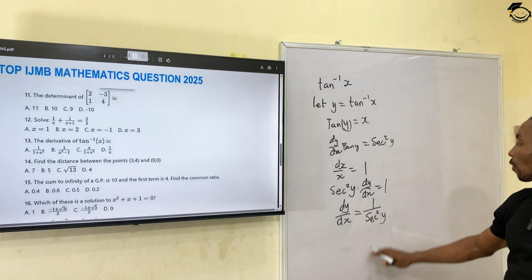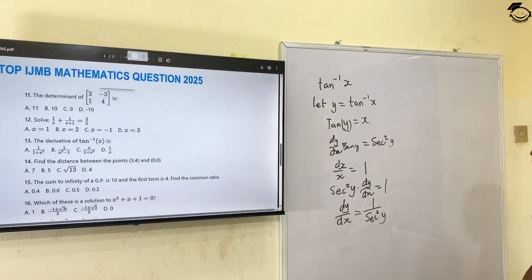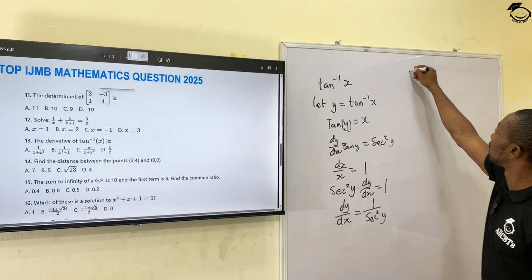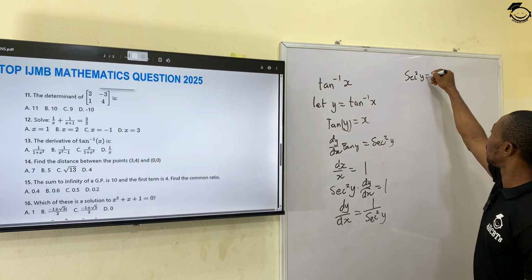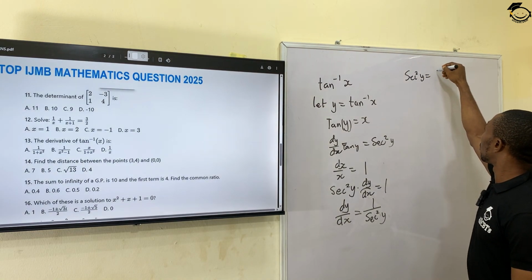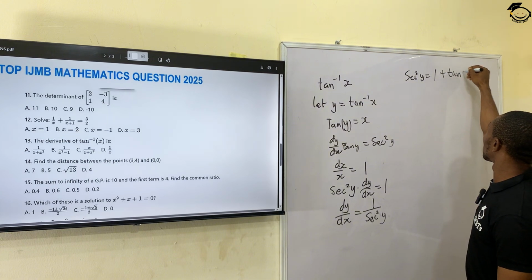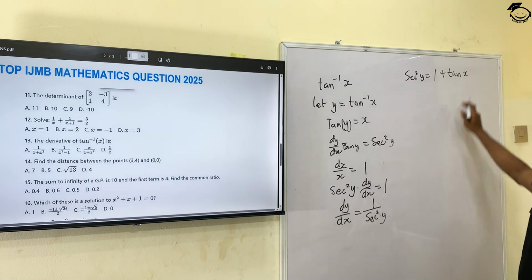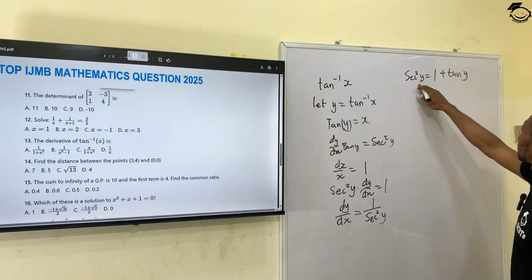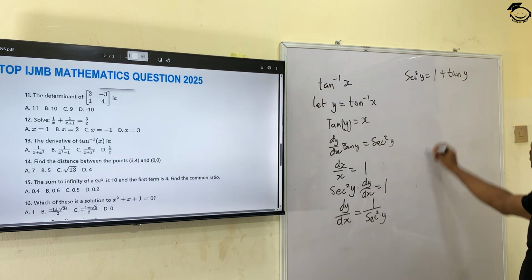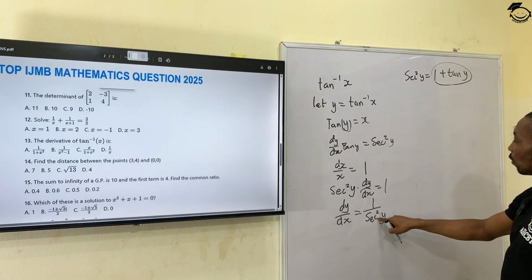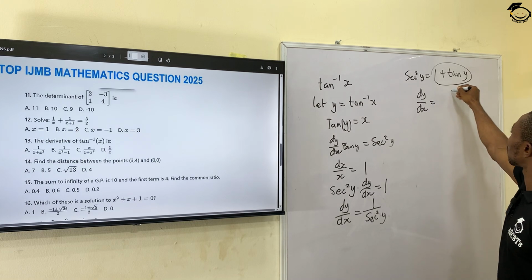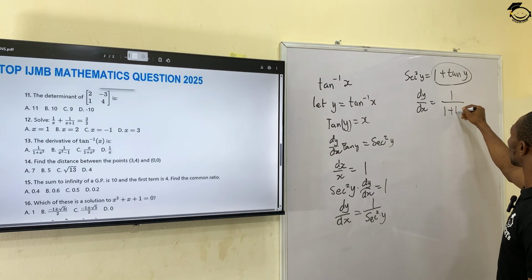Now from here, we know that our sec squared y is 1 plus tan squared y. Now replacing this, we're having our dy/dx as 1 over 1 plus tan squared y.